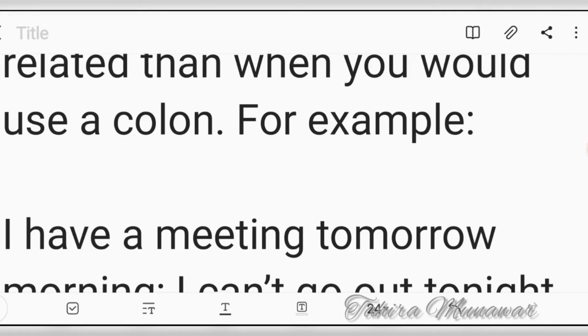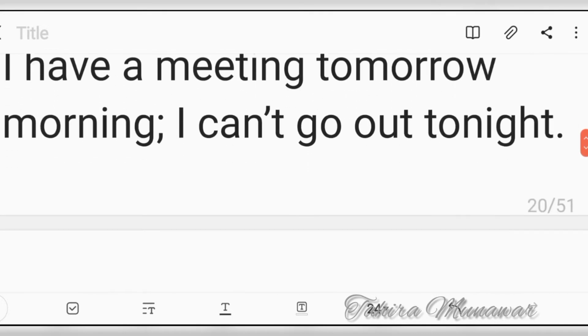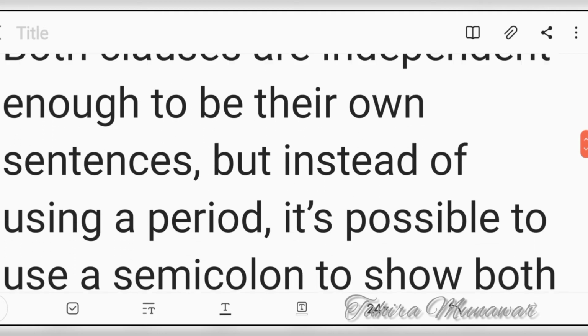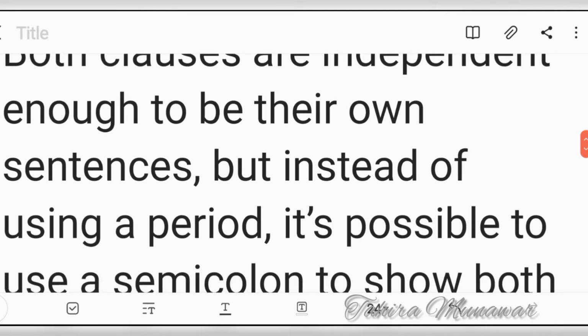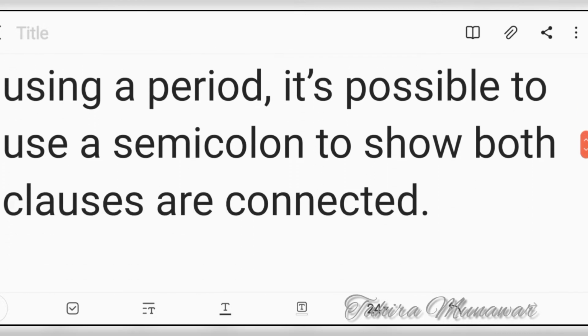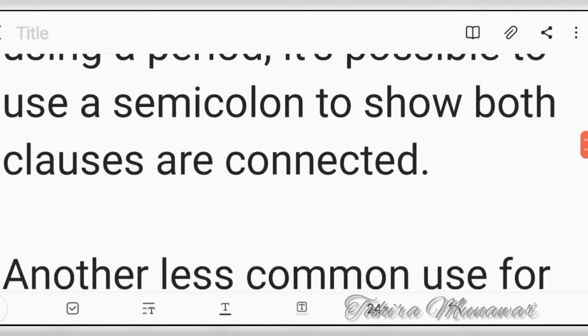But in the case of a semicolon, the sentences are more closely related, and both clauses are independent enough to be their own sentence, but instead of using a period, it is possible to use a semicolon to show both clauses are connected. So when you are writing compound sentences and you want to show that two sentences are closely connected, you will not use a full stop, you will use this semicolon.